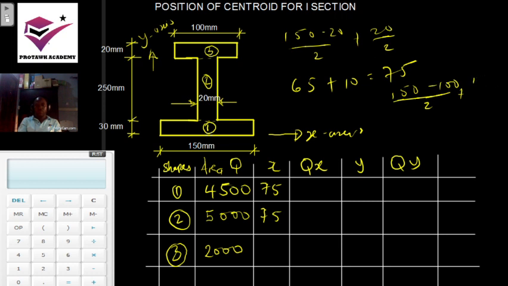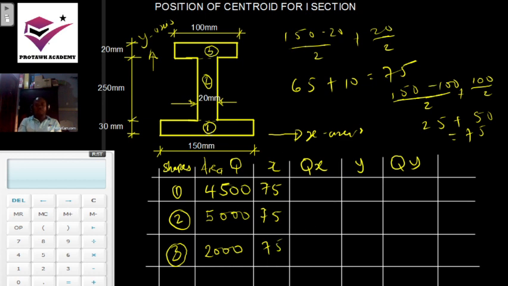So this will be 150 minus 100 is 50 divided by 2. This will be 25 plus 50, since 100 over 2 is 50. This will still be equal to 75. So we still write down here 75.